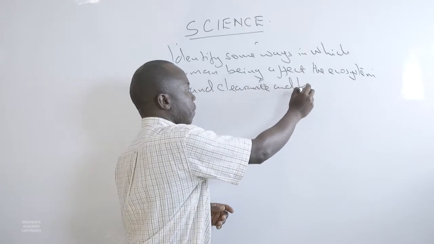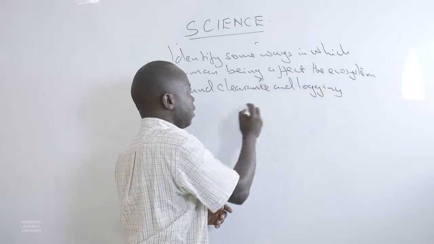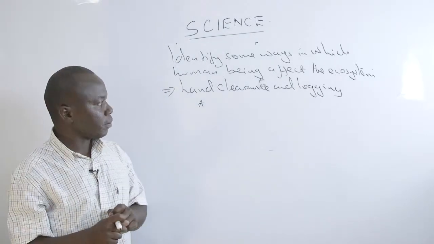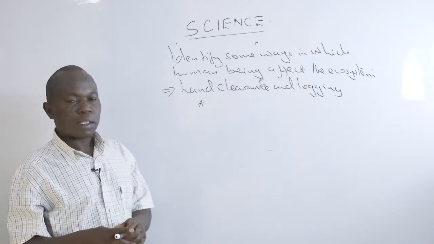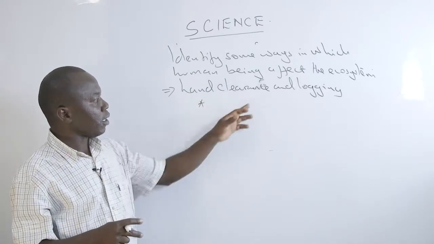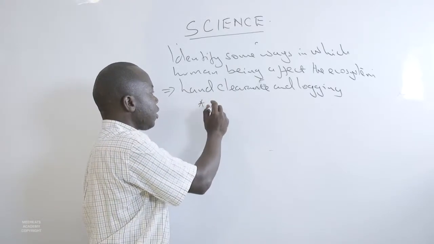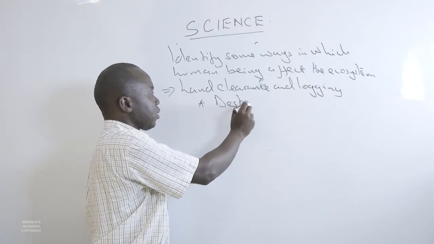The effect will be most pronounced in a forested ecosystem. Land clearance and logging usually lead to destruction of habitats.